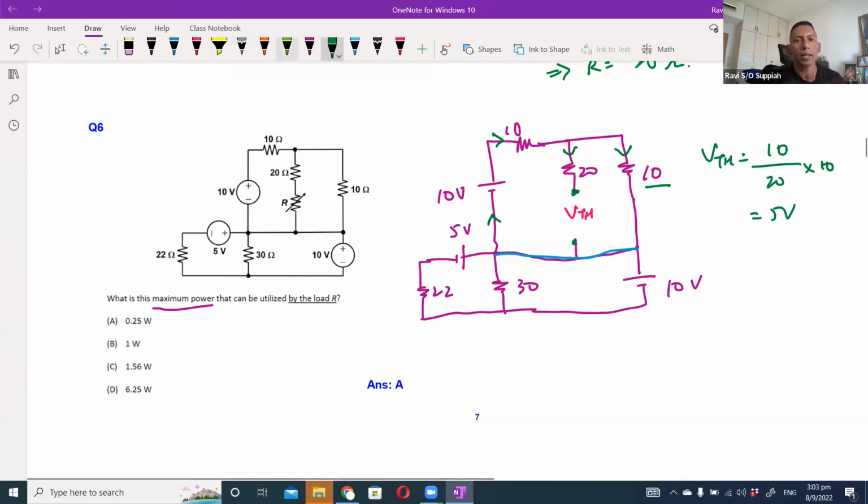Okay, for the RTH, again, what we're going to do is redraw the circuit. I'm going to redraw the circuit here and put an imaginary source here.